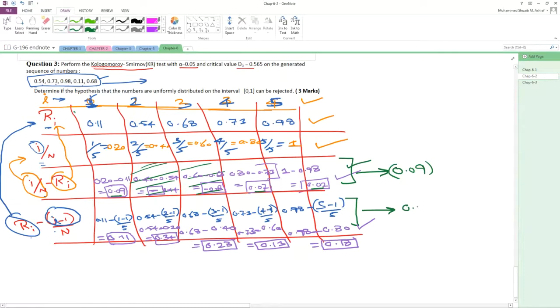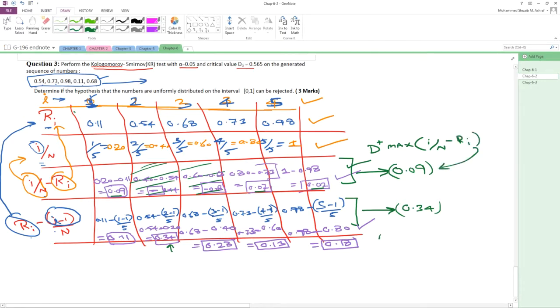Maximum value is 0.34. Okay, so after this what you have to do: D plus, max of I divided by n minus Ri.